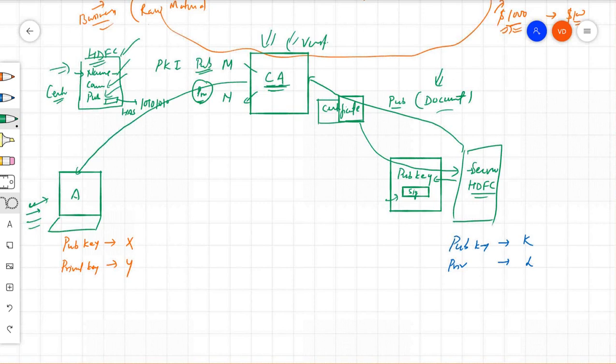And that certificate contains public key of this CA, maybe VeriSign, right? So two parameters here. One, this guy went to certificate authority and got a certificate which contains public key of this server and this CA's private key signature, right?